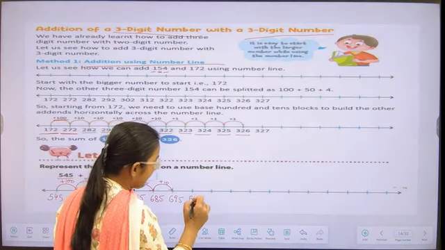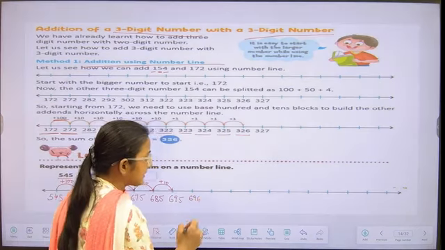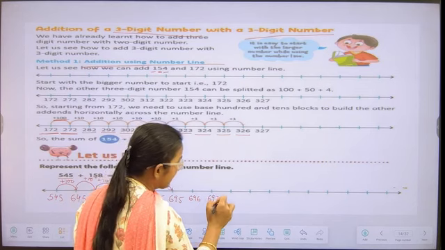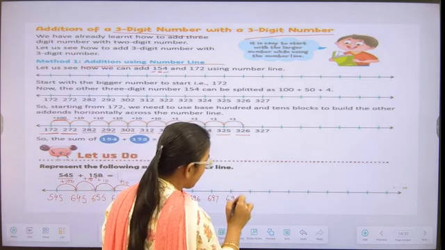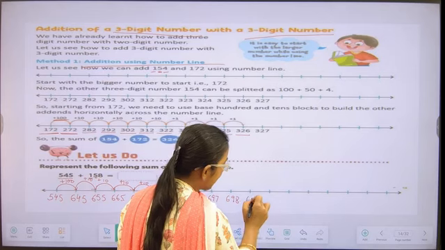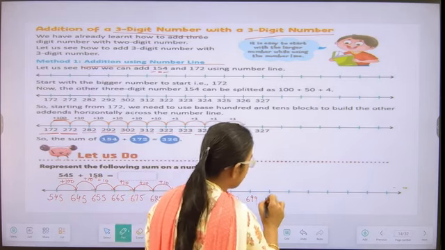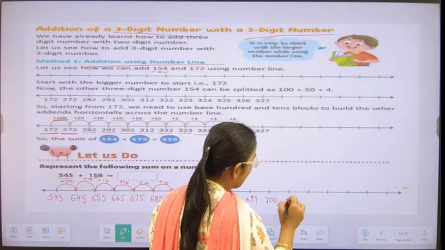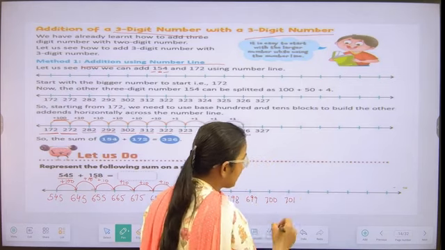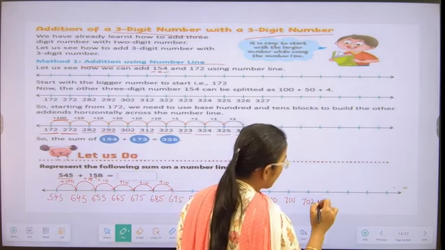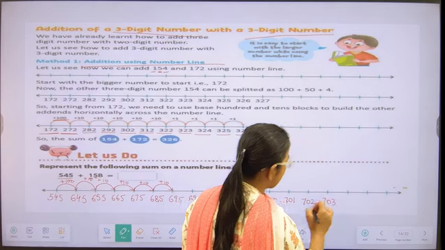First we are going to write 696, 697, 698, 699, 700. Then 701, 702 and 703, student.